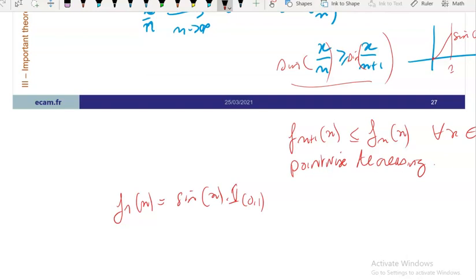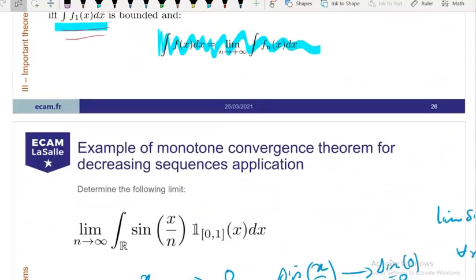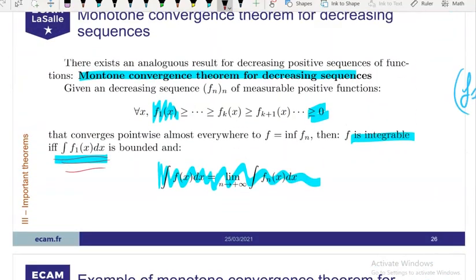And that's all, we've got all the hypotheses. The integral of f1 is bounded, f is integrable, it's pointwise decreasing, and it converges almost everywhere to some specific function.